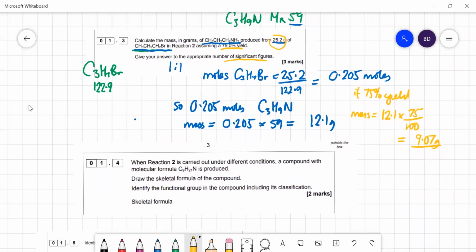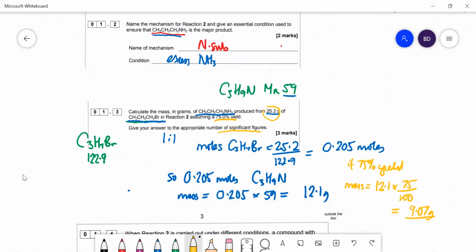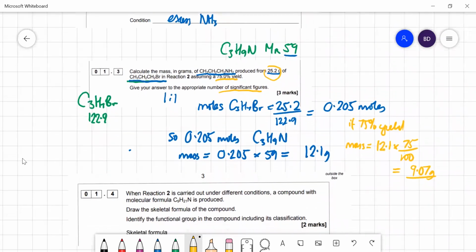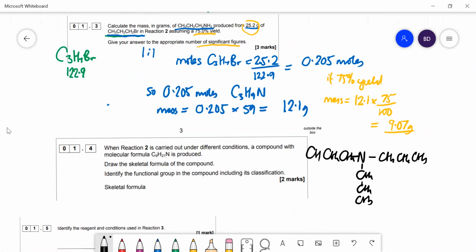Okay, now when reaction 2 is carried out under different conditions, so they mean here not an excess of ammonia, but presumably an excess of haloalkane, you get a compound with the molecular formula C9H21N. Okay, so what's going on there is we have got a propyl group, 3 propyl groups, one there, attached to the nitrogen, the tertiary amine.